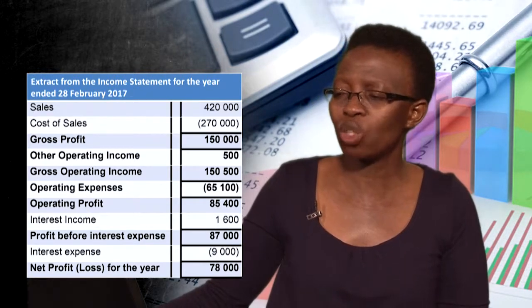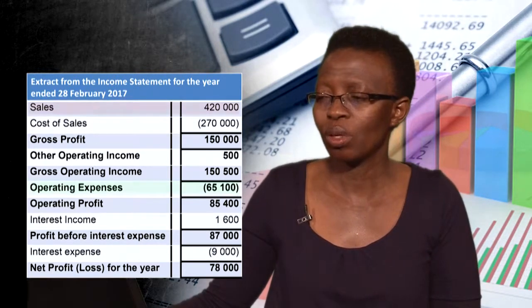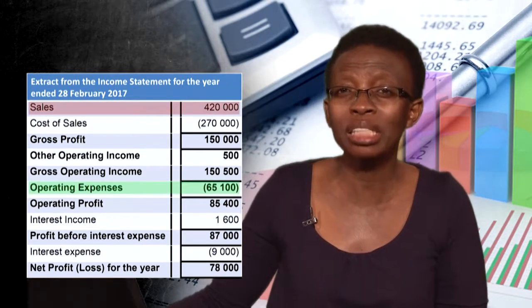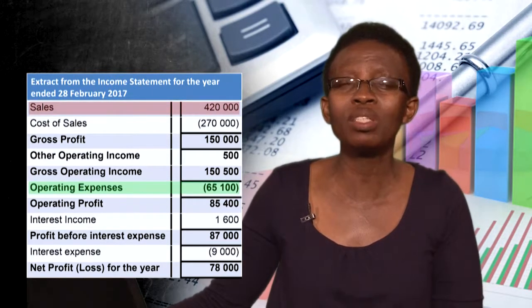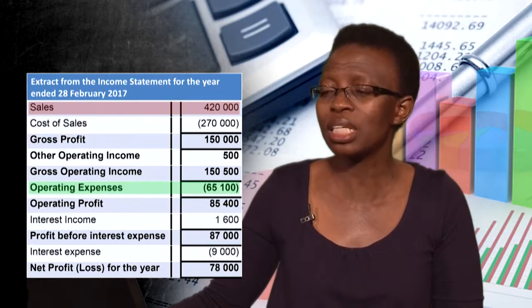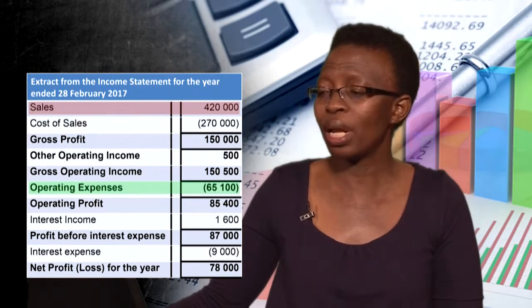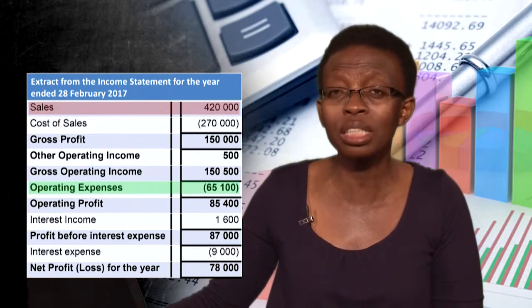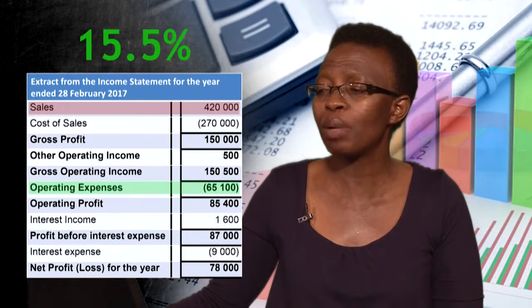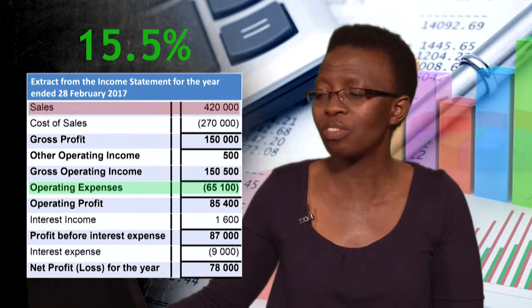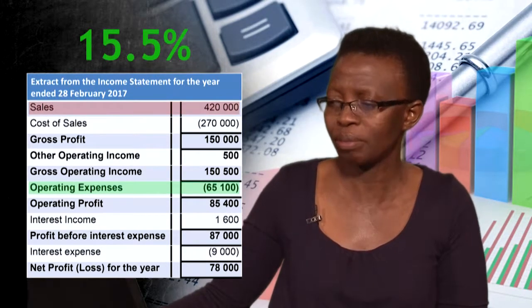Operating expenses on sales. What is the amount for our operating expenses? 65,100, and our sales is 420,000. 65,100 divided by 420,000 multiplied by 100 divided by 1 is 15.5%.